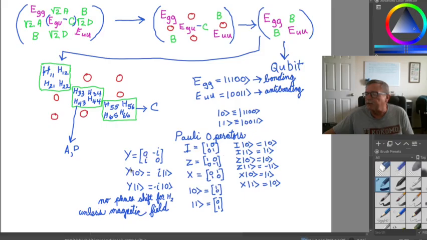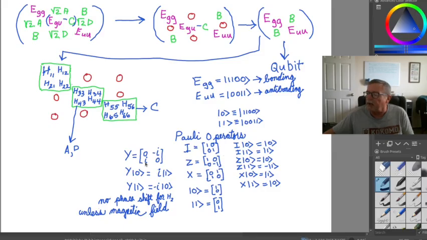Here's what happens. The Y operator applied to the 0 gives us an i, and a Y to the 1 gives us a minus i. And again, if you want to do the matrix calculations, you can use these representations of the 0 and the 1 times these matrices to come up with the results that are shown here.